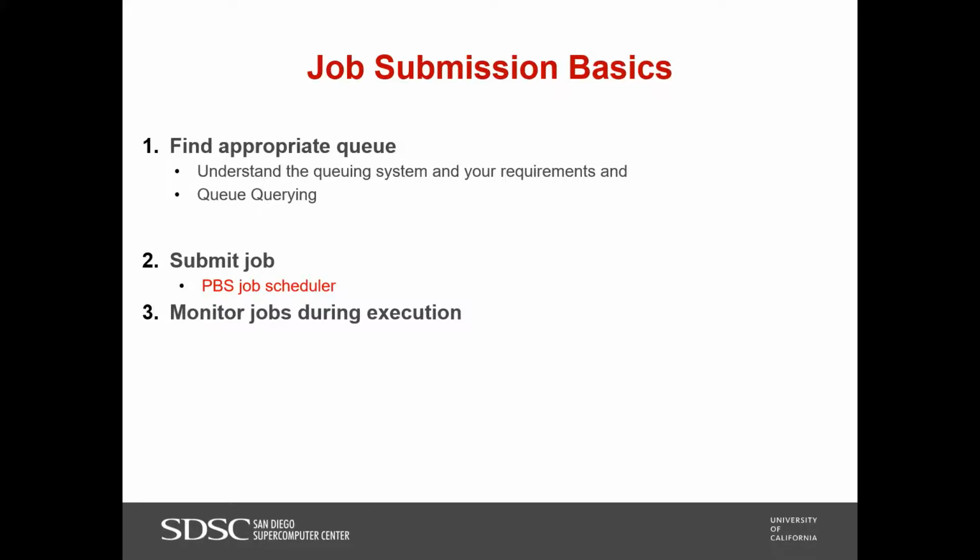So in order to run any jobs, you might need to find the right queue for running your jobs. So you need to understand the queuing systems, what your requirements are, and how the jobs are queued.